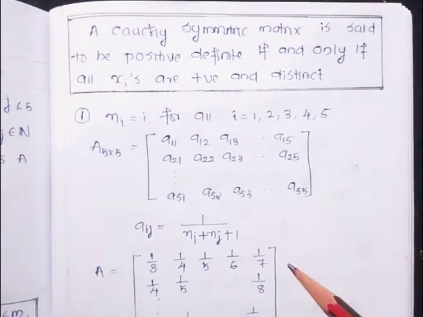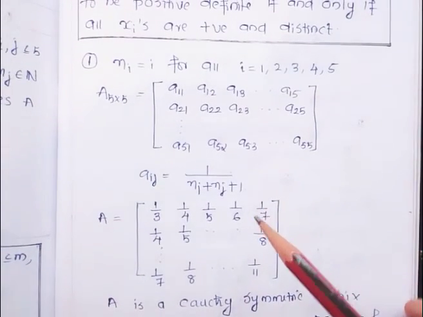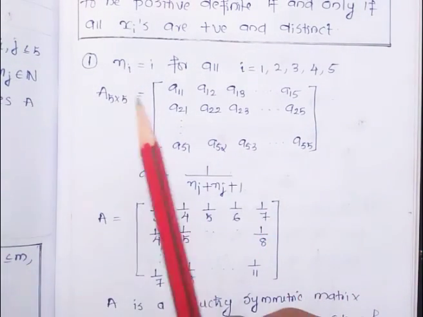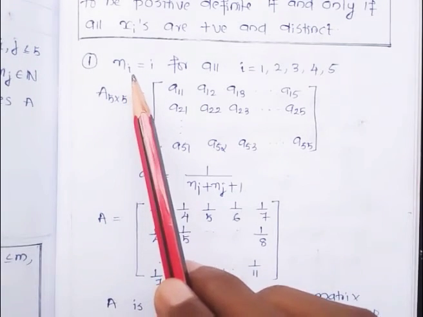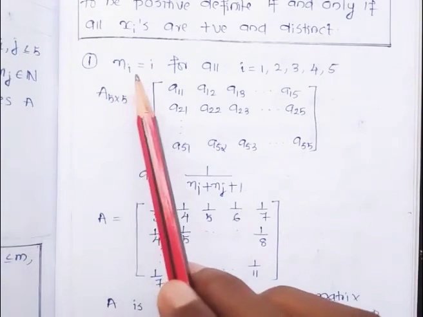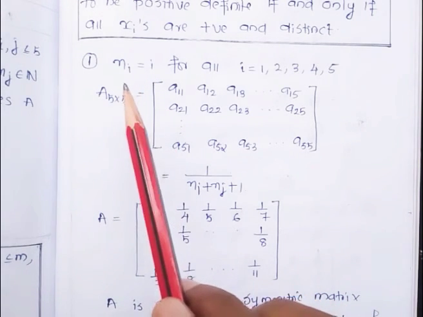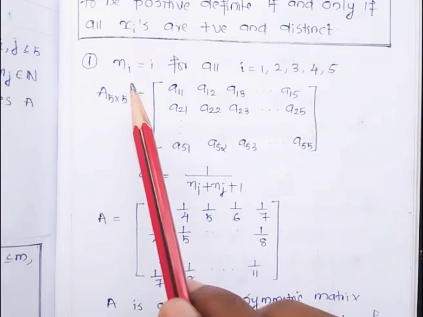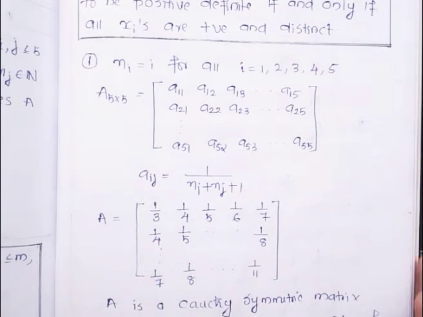From the question, it is given that aij = 1/(ni + nj + 1). Here, from our first option, we are assuming that ni = i, that is, n1 = 1, n2 = 2, n3 = 3, n4 = 4, and n5 = 5. So we want to construct our given matrix.